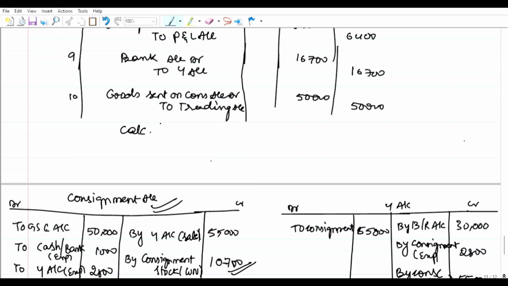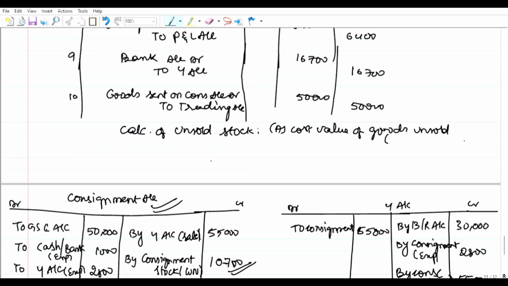Heading: calculation of unsold stock, for which we write the first thing as A, cost value of goods unsold.